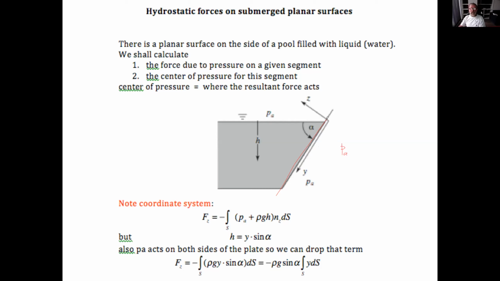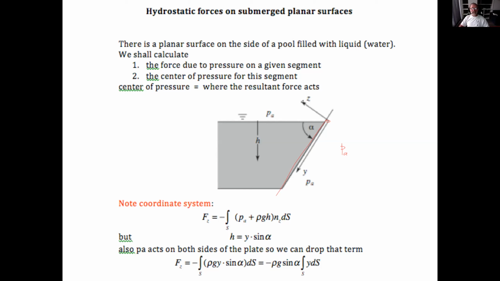We put a coordinate system, so X goes into the wall, Y is along the surface, and Z is straight outside of the surface. It's more convenient because now we don't have to do cosines, and the force is going to be directly in the Z direction.